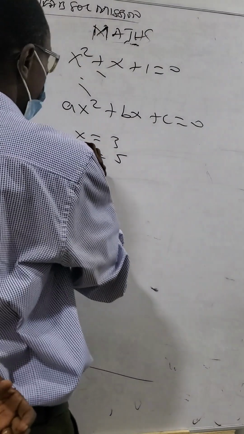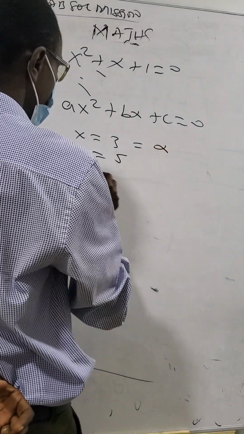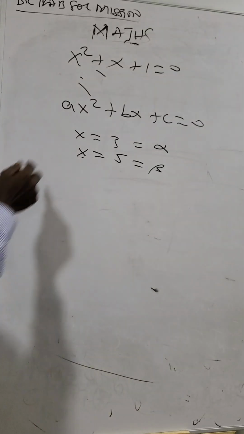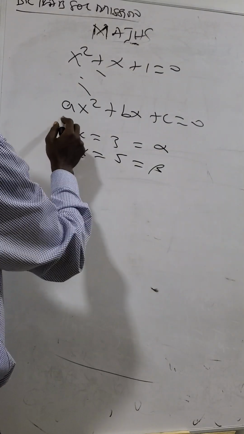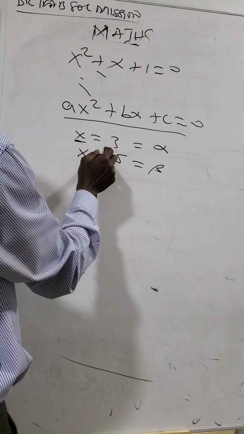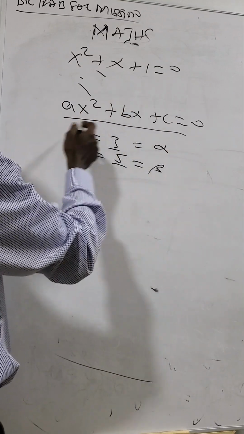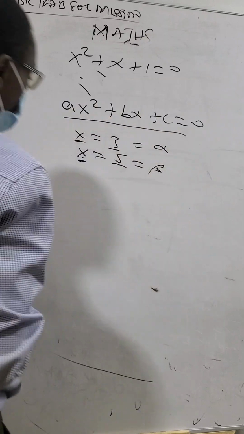Now we can also assume that x is equal to, let's say, alpha, and x is equal to beta. Now if we want to set up the equation, after working this out, we found that x is equal to 3, and x is equal to 5. This is an example. It doesn't mean x will always be equal. This is a general expression for a quadratic equation.